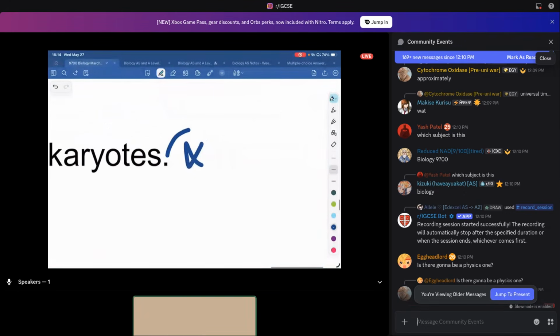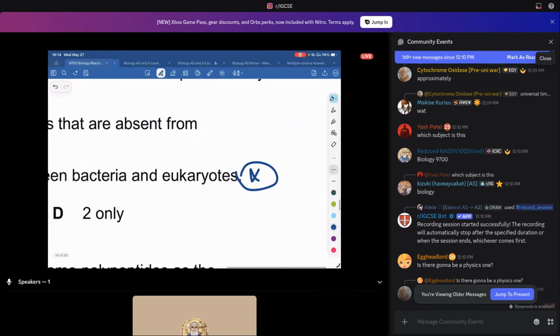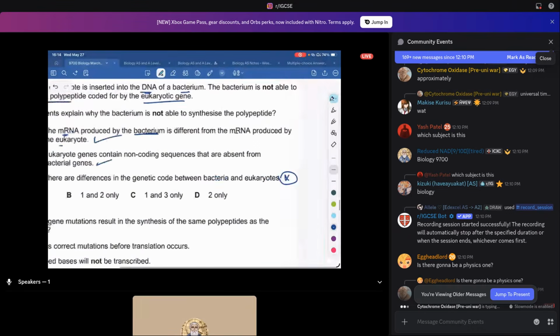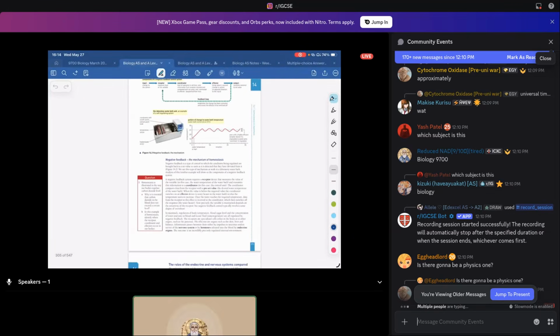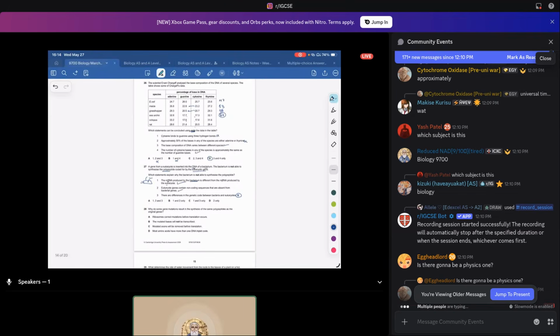There are differences in the genetic code between bacteria and eukaryotes. This is obviously wrong. Why? We know 3 statements about DNA, and they're in my notes. Let me see if I have them. Nope. I closed my notes.